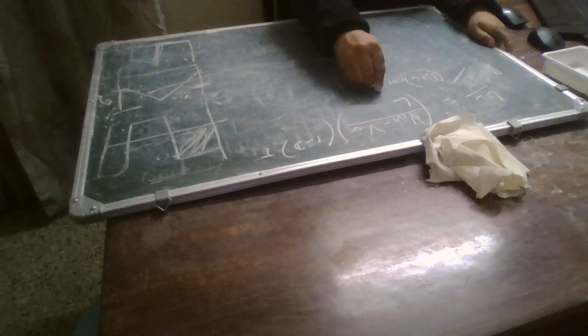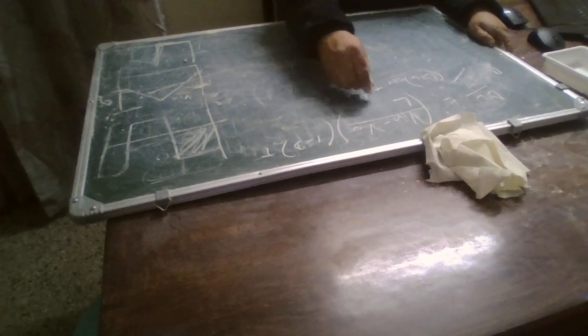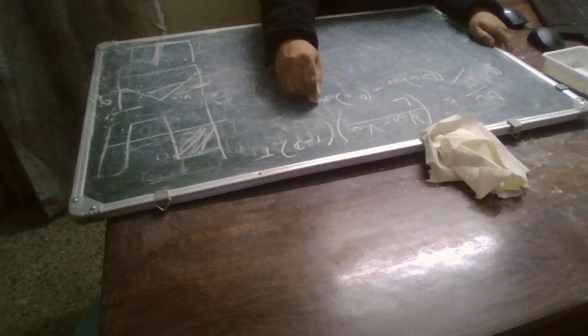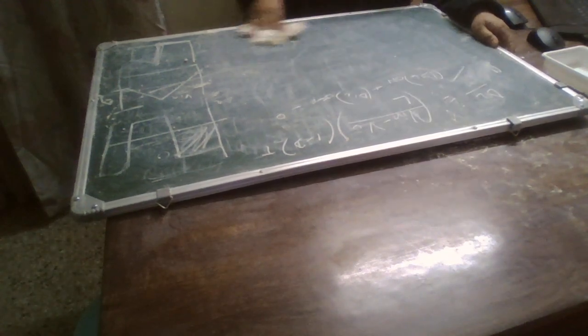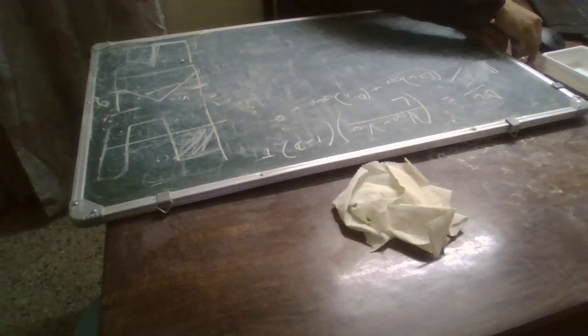For the steady state operation we know that the delta IL during the on and off time would sum to 0. So in the steady state condition, we are putting the value of delta IL that we have derived during the on time and the off time.